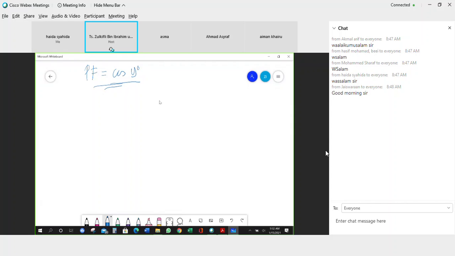The converted power, P converted, is equal to, for the 3 phase, 3 I2 squared R2 times (1 minus s) divided by s.